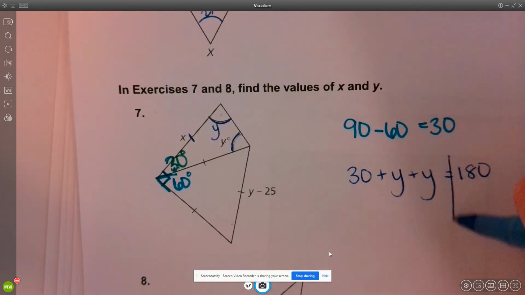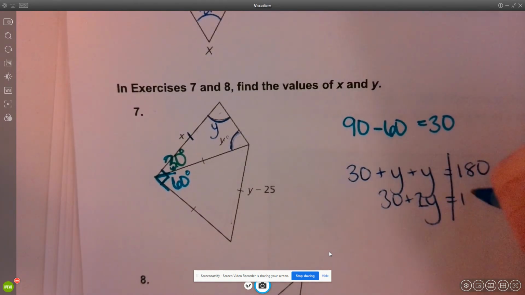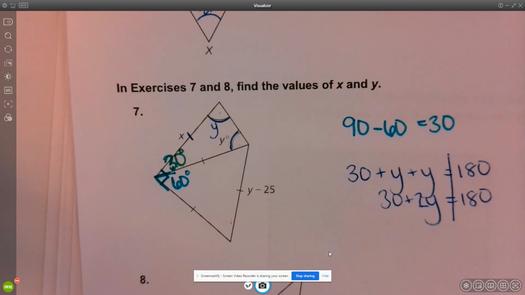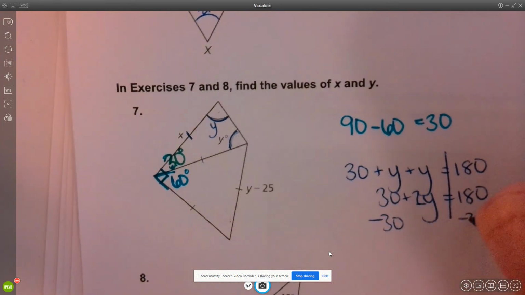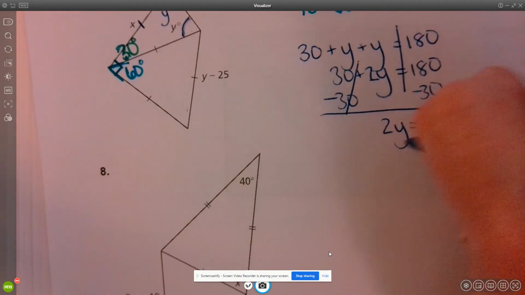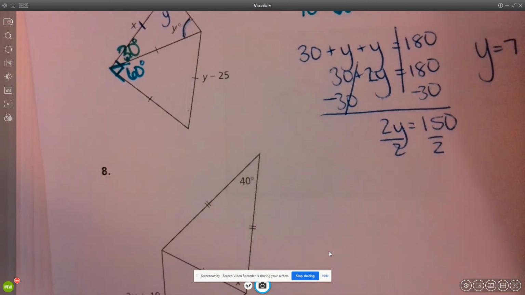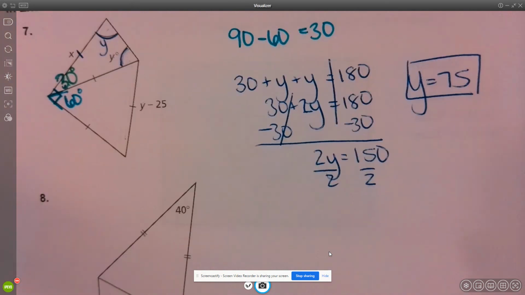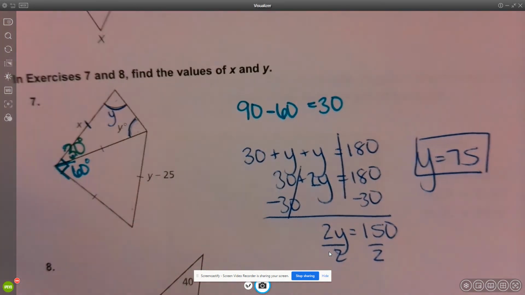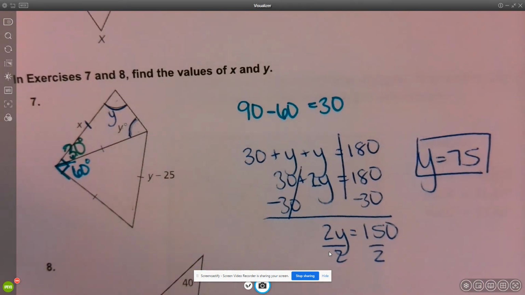I can solve this equation to find y. I can subtract 30 from both sides, and then divide both sides by 2 to get that y is equal to 75. That's helpful because wherever I see a y, I can plug 75 in.